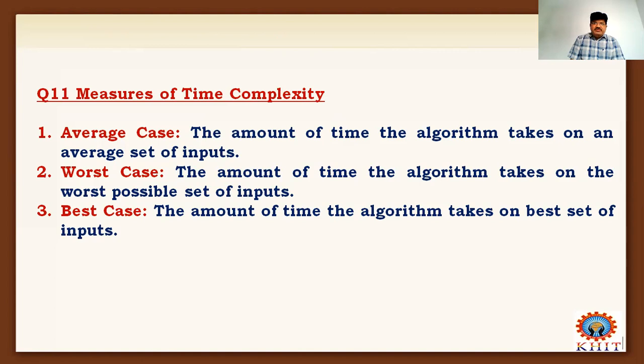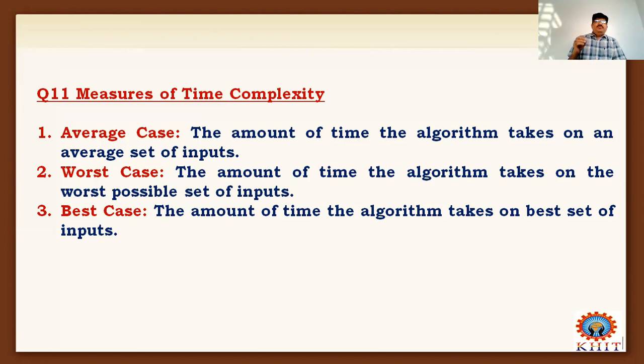The time complexity of a particular algorithm can be measured in any one of three categories: best case time complexity, worst case time complexity, and average case time complexity. Best case time complexity is the amount of time an algorithm takes to execute the program in a minimum number of steps.